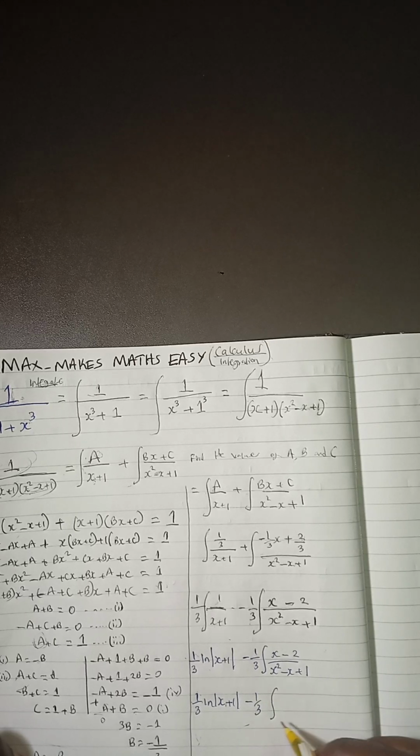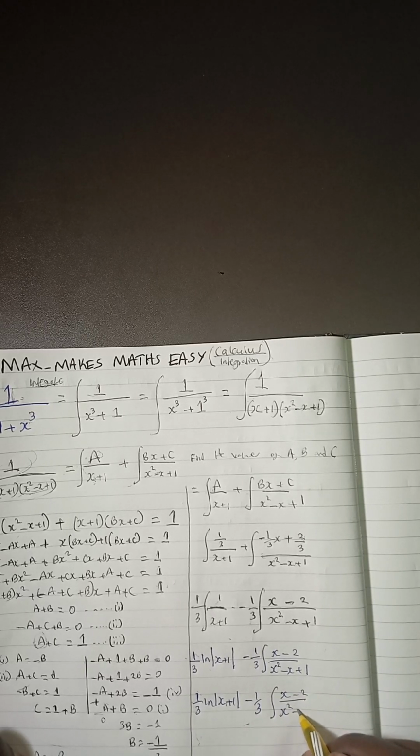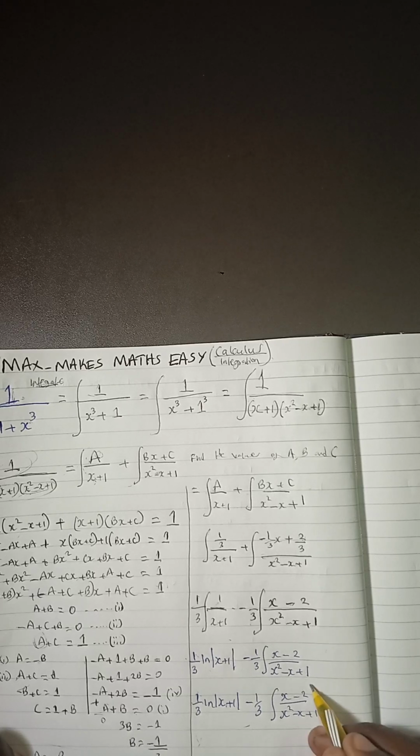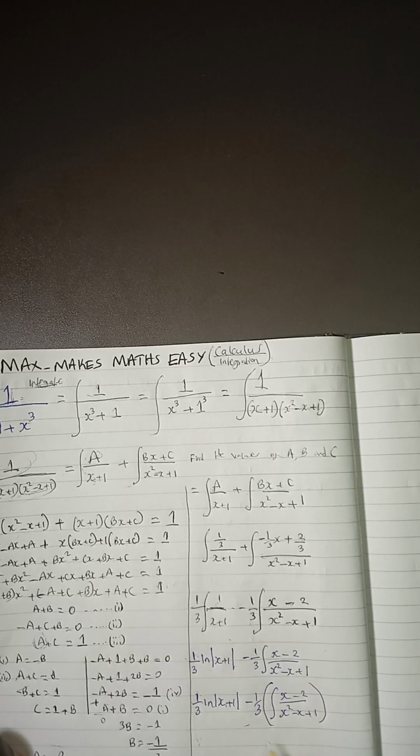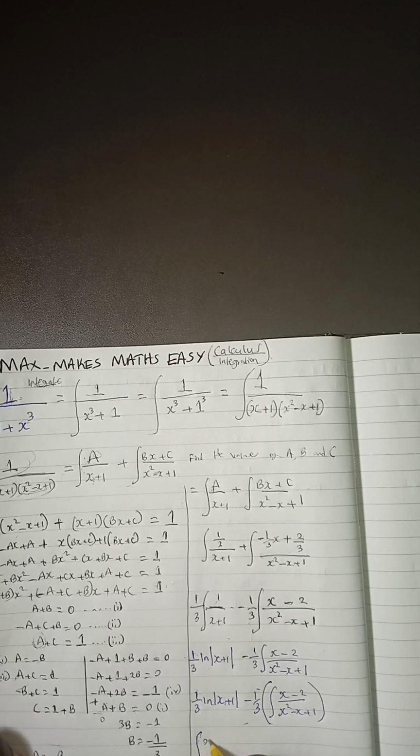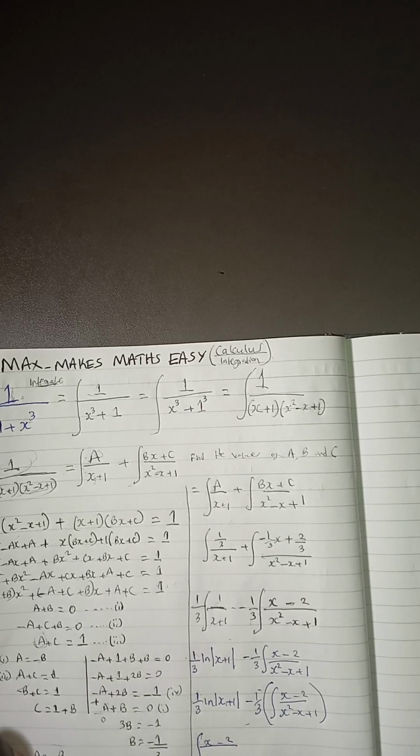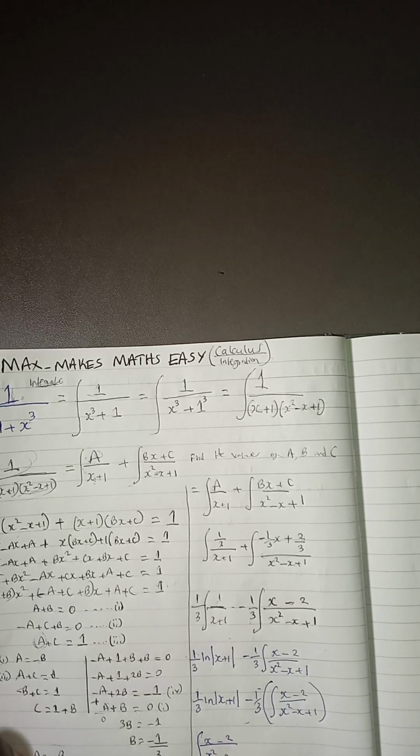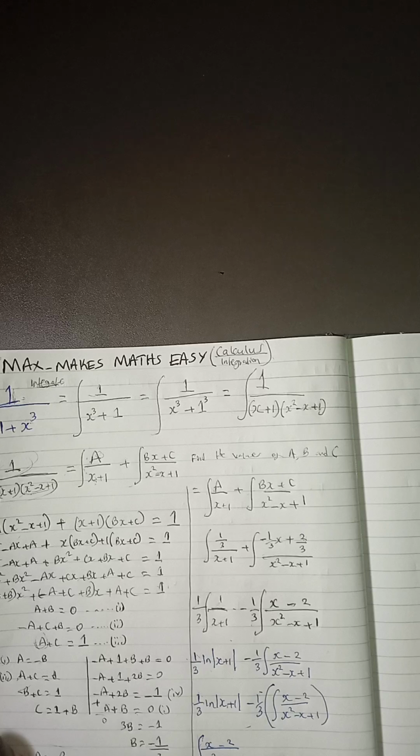Then we are left to do the integral of x minus 2 over x squared minus x plus 1, which we will multiply by negative 1 over 3. Then we do the subtraction. So we are left to do the integral of x minus 2 divided by x squared minus x plus 1.